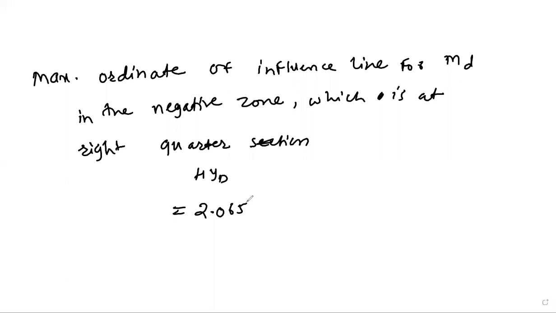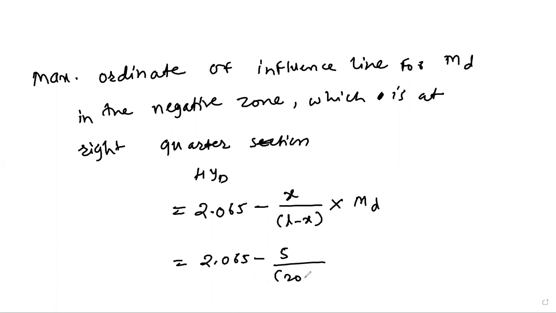H into yD minus x by L minus x into EMD, that is in the positive zone, 2.065 minus x is 5, 2.061.